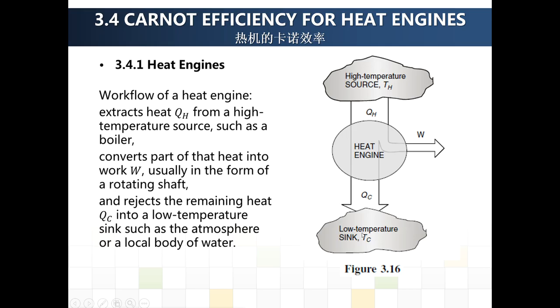The low temperature sink is usually either the atmosphere or a local body of water. So that is the workflow of the heat engine, and we use this example to investigate the maximum efficiency of a heat engine.